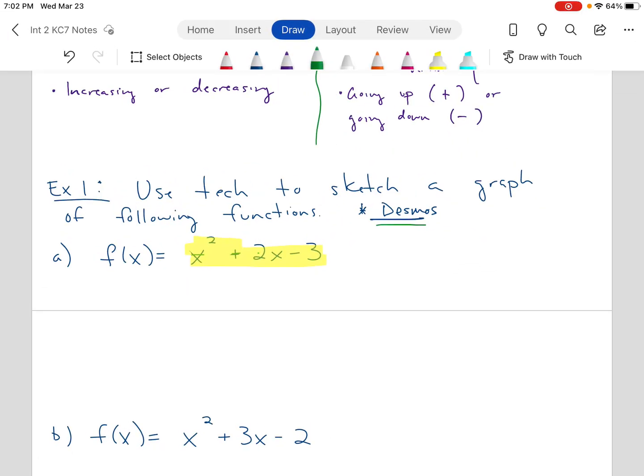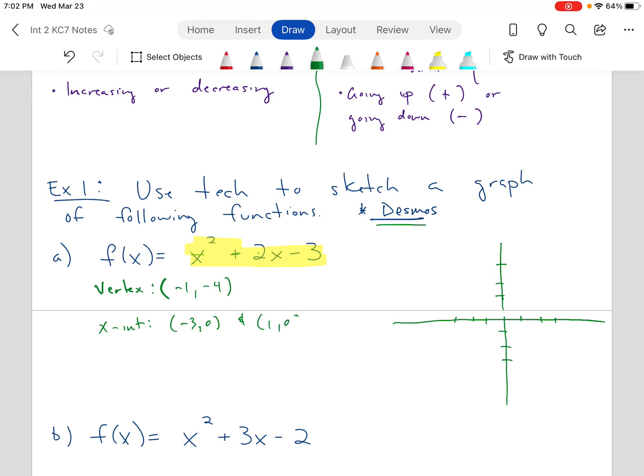So I'm going to graph. And I have that my vertex was at -1, -4. I'm just going to write this for reference. My x-intercepts, I had two of them, was at -3, 0, and 1, 0.